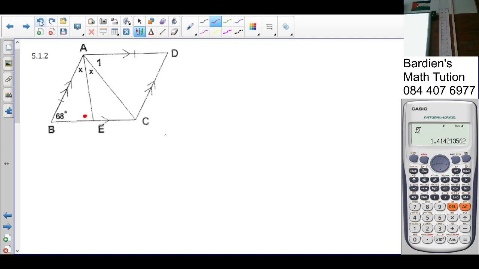I almost want to say it's a rhombus, but we must prove it's a rhombus first. Okay? Otherwise, yes? Yes, there's a parallelogram here.